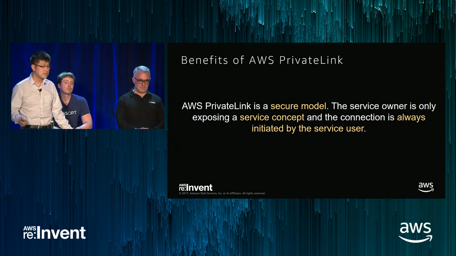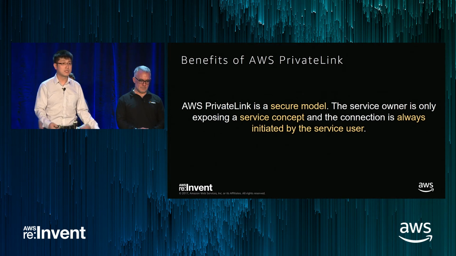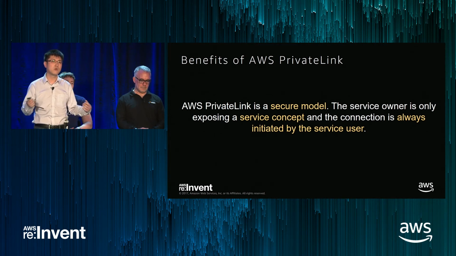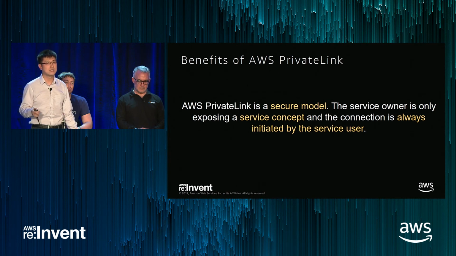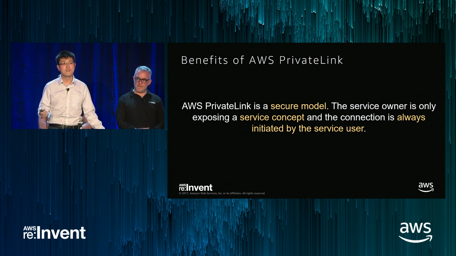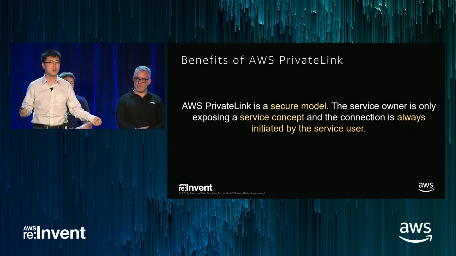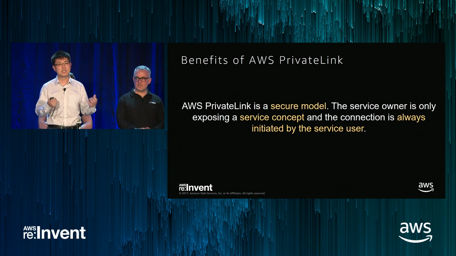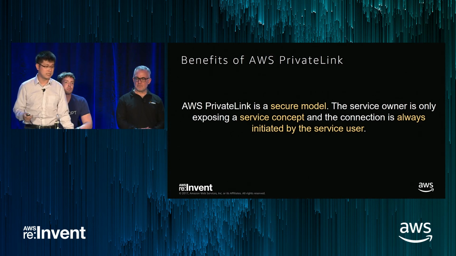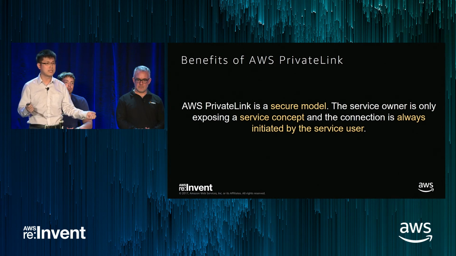PrivateLink is a secure model. For the service owner, compared with peering, you are not exposing your whole network to your client, which is a pain point for some SaaS providers or service providers who want to share a service with someone outside of your organization or company. Essentially, you are only exposing a service, represented by an endpoint in your client's VPC, and that's the only thing the client can see.